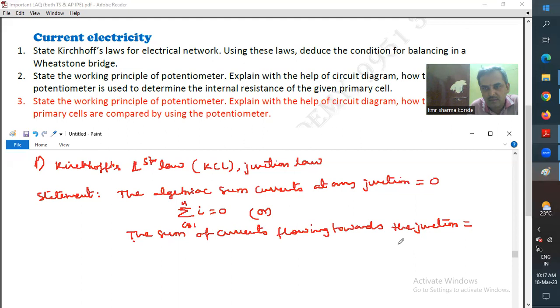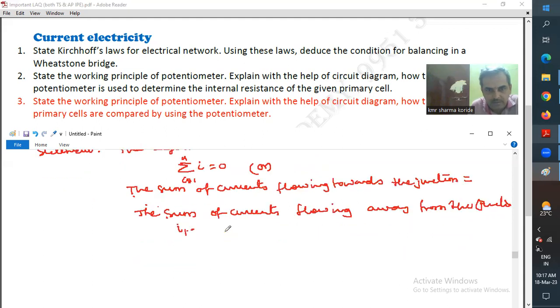So you can understand with the help of diagram. Let us say I1 is the current flowing towards, maybe you can take the odd numbers.